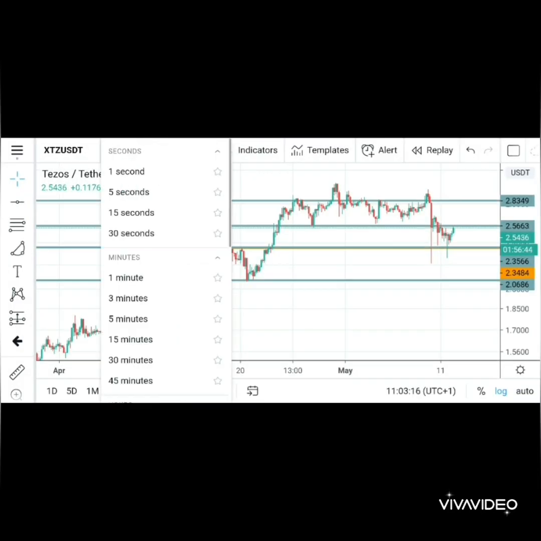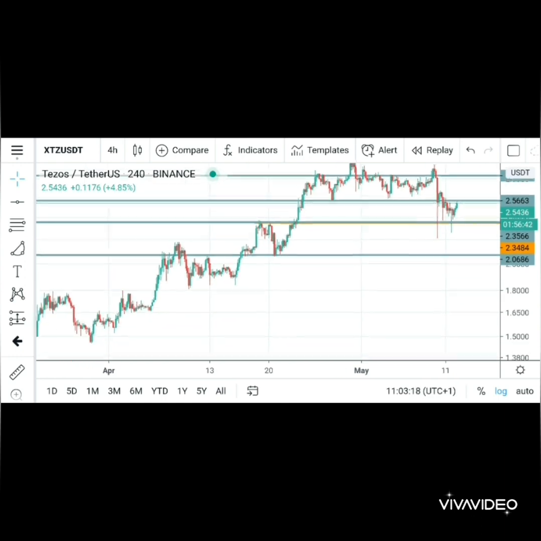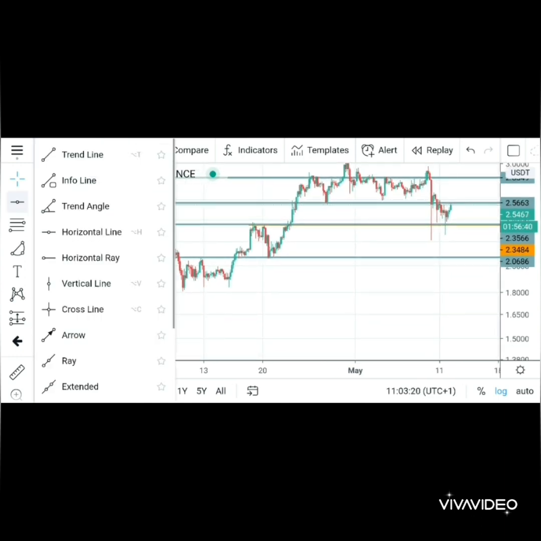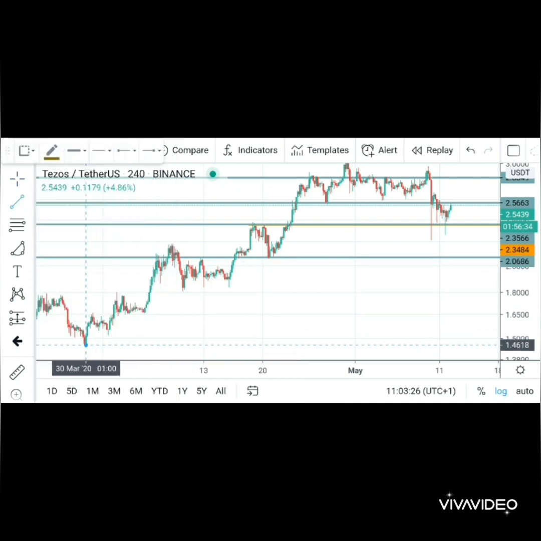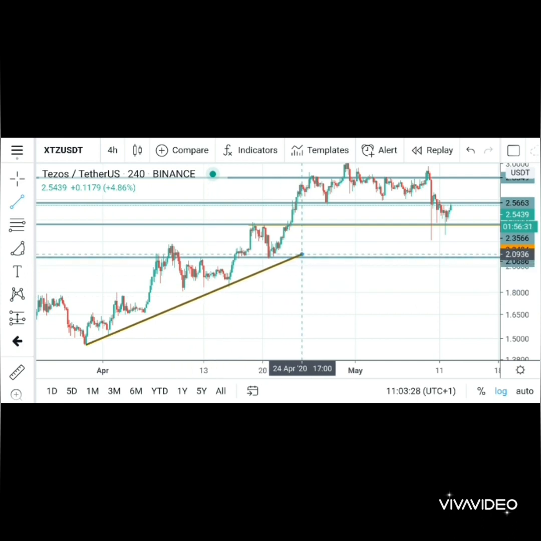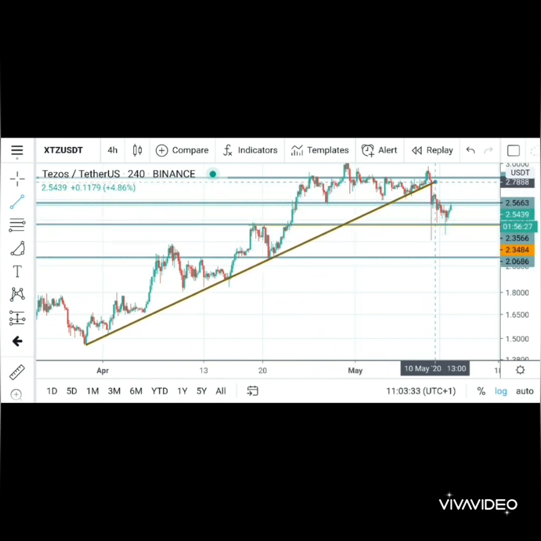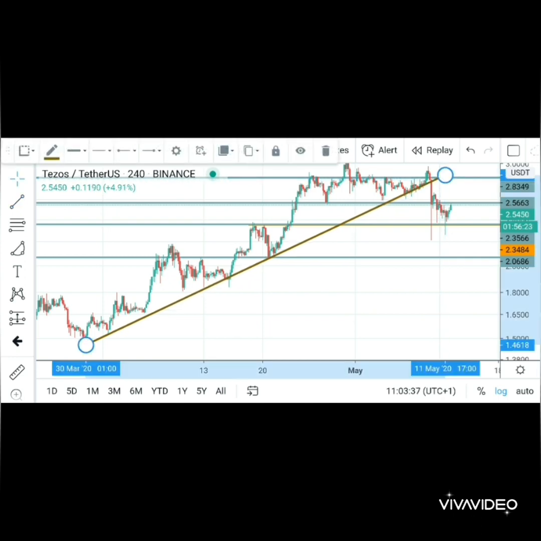So for trend lines, let's see how we can draw. For trend line, you use this tool over here to draw your trend line. So let's do. So you can see, trend line is this trend line now.